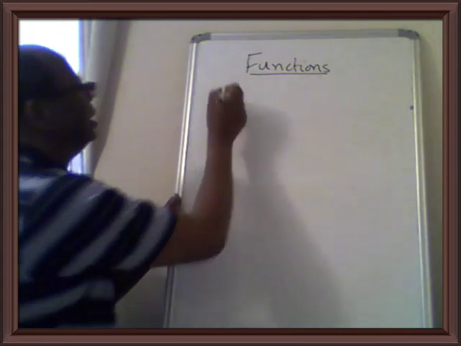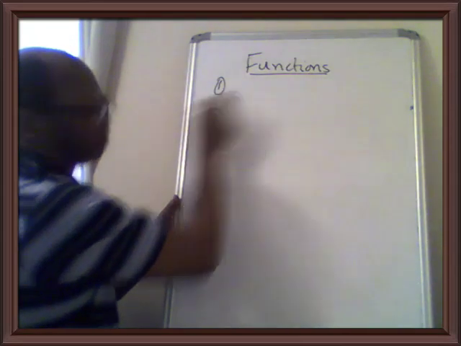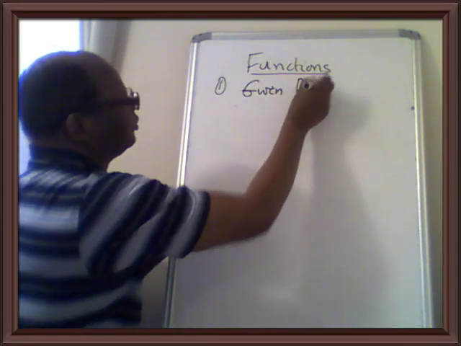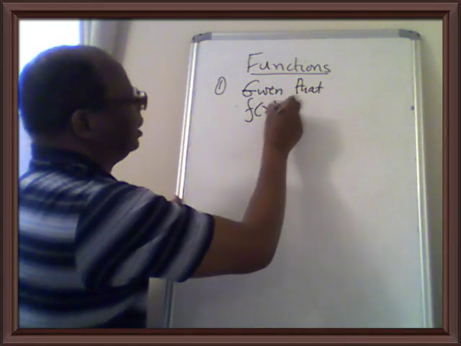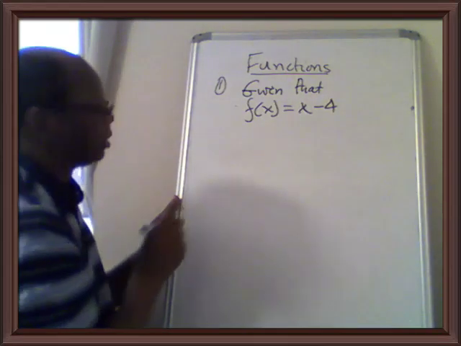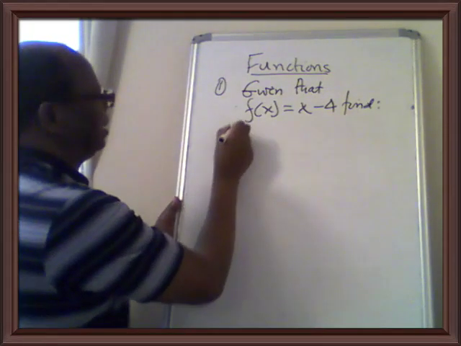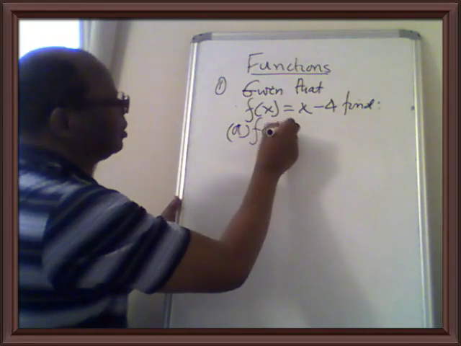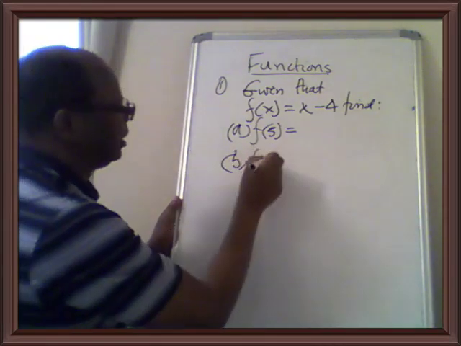So the first one, question 1, says, given that f of x equals x minus 4, find a, f of 5, and b, f of 3.